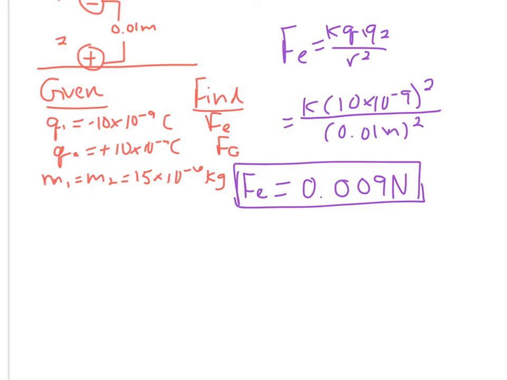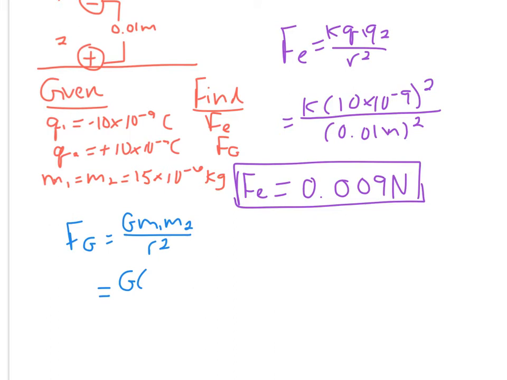Then if we're looking at the force of gravitational attraction, a little throwback here, F big G equals G M1 M2 over R squared. So this equals G, hopefully that's still stored in your calculator, 6.673 times 10 to the negative 11th.